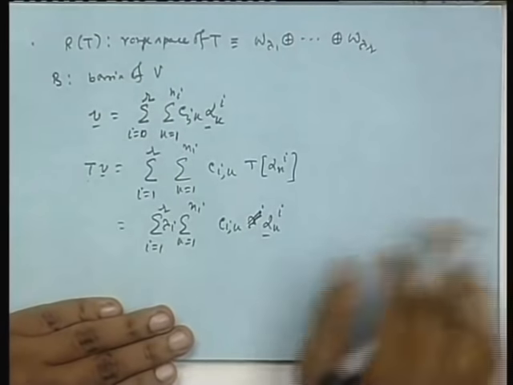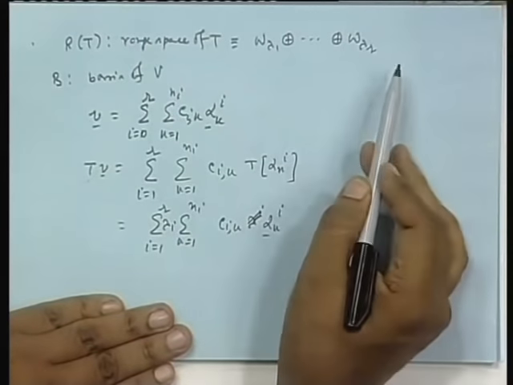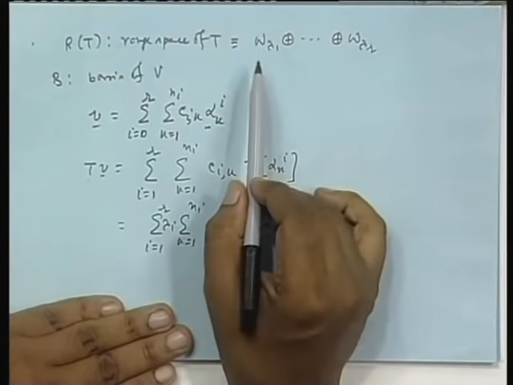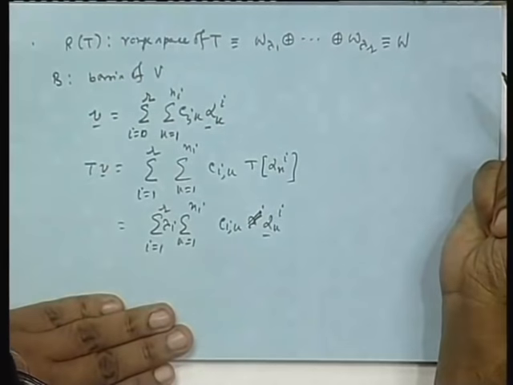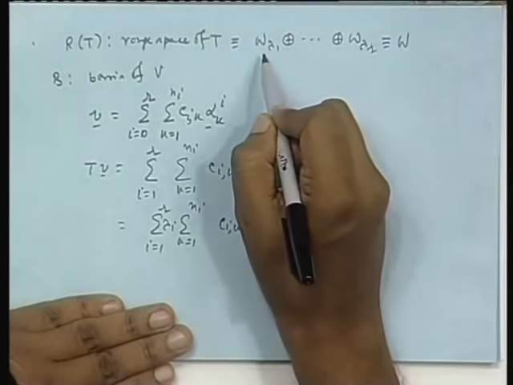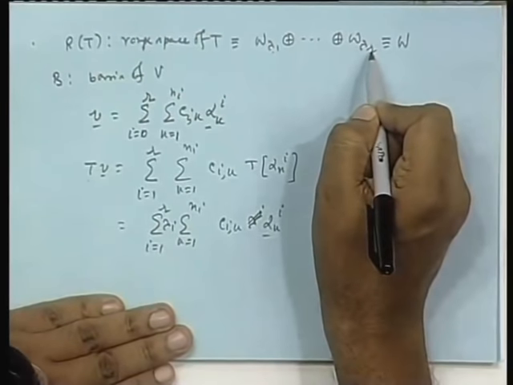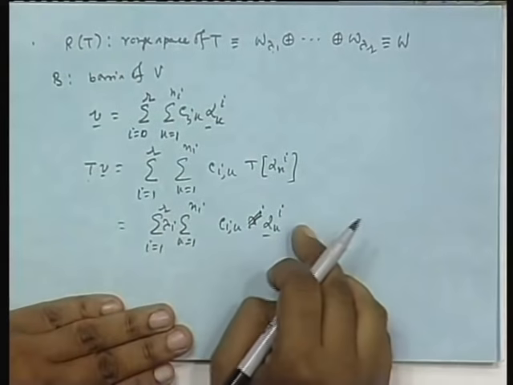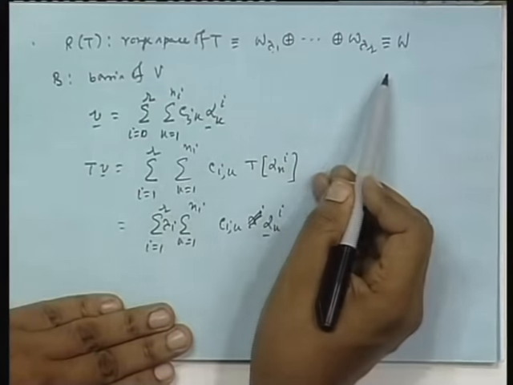So it is a linear combination of those eigenvectors, of those basis vectors for this space. If you call this W, what is the basis of W? If we append the basis of W lambda 1 to that of W lambda 2, up to that of W lambda r, then you get a basis of W, and this linear combination is nothing but a linear combination involving those basis vectors.